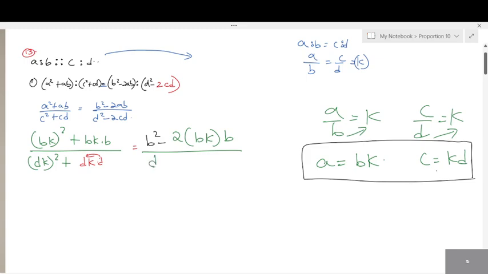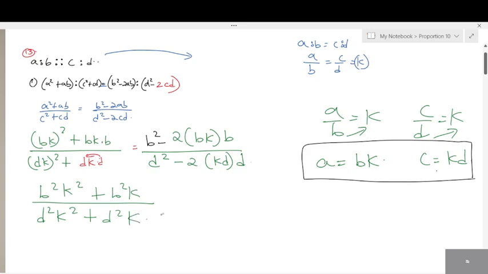D square we don't have anything. We have changed only A and C. So keep D square as it is. Minus 2 into what is C value? Yes, K into D. Now open the bracket. B square K square plus B square K divided by D square K square plus D square K.